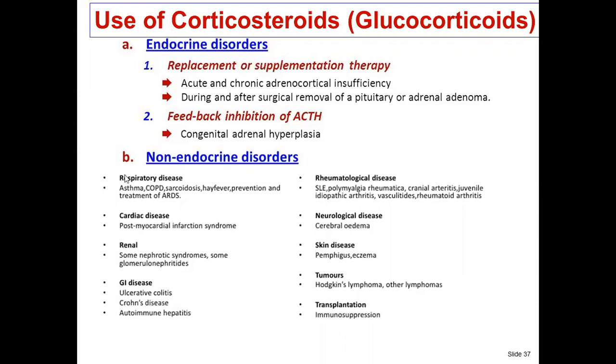like respiratory distress, like asthma, COPD, sarcoidosis, or acute respiratory distress syndrome. Definitely the first line of medication is a bronchodilator like salbutamol, albuterol, or other bronchodilators.